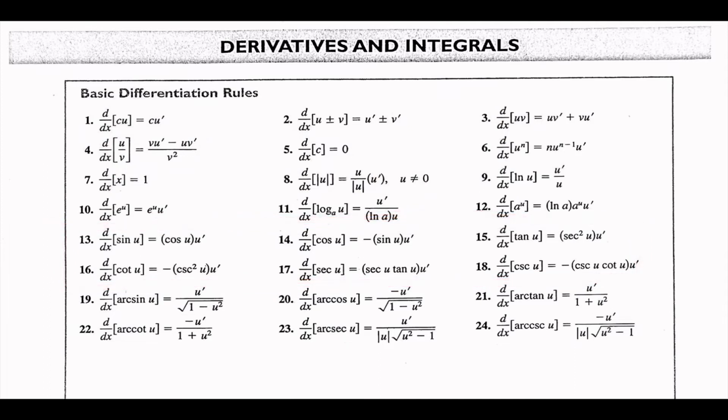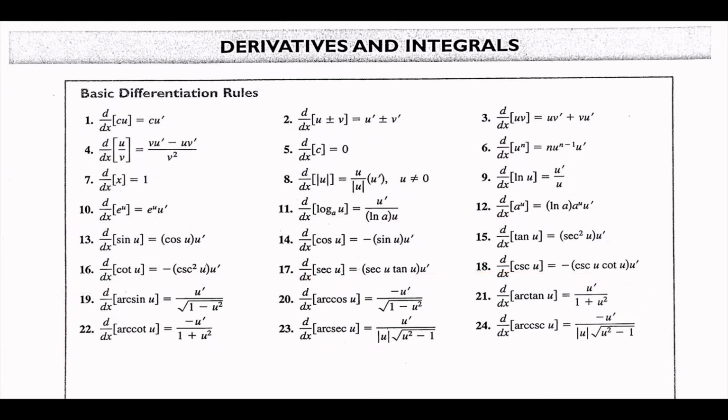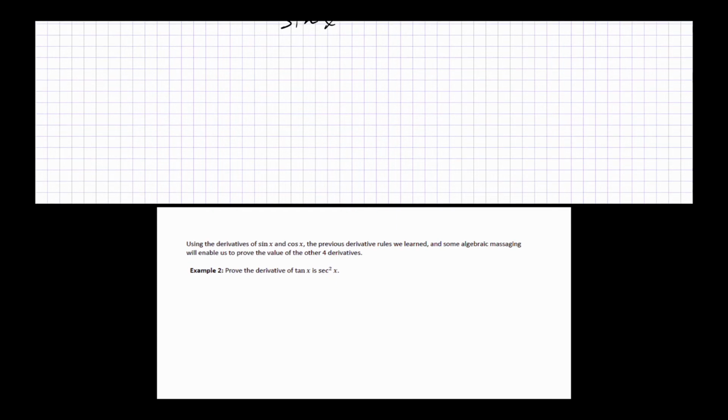And then the last thing we have to cover next week is this. So we've pretty much learned over half of these so far. This is all of the rules for finding derivatives, a quick cheat sheet to remember how to use all of those rules.